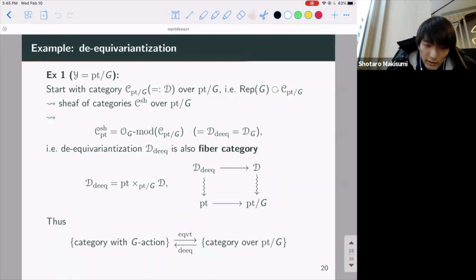And this is exactly O(G)-modules in my starting category. Now there's some difficulty here with the fact that O(G) is maybe, you have to pass to ind-objects to define this. I'll say a little bit more about that in a bit, but let me ignore that for now. Again, let me just assume that all my categories have suitable colimits to handle that.